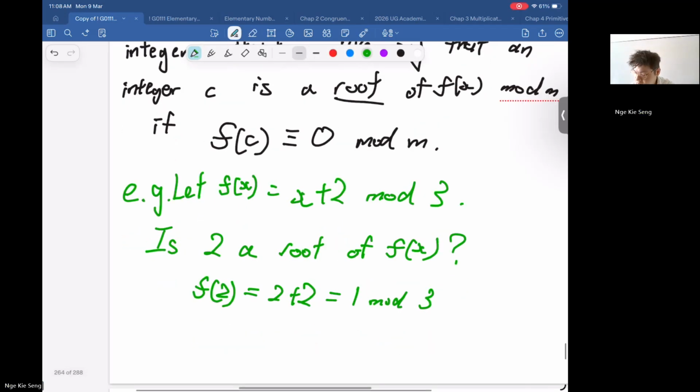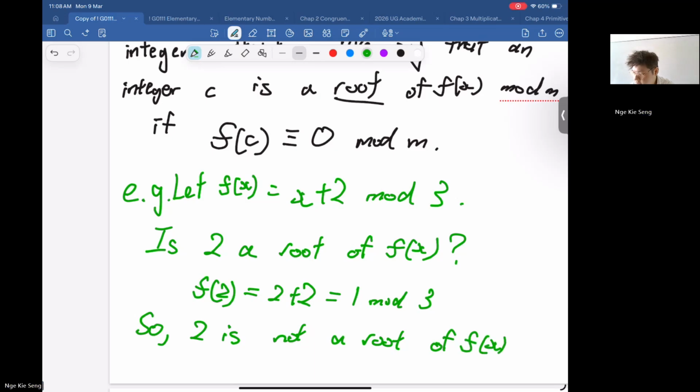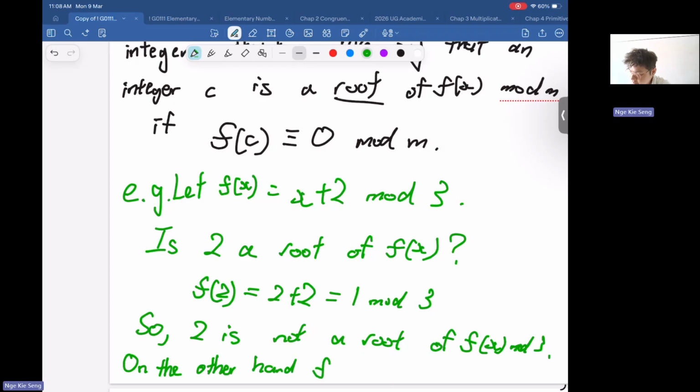So 2 is not a root of f(x). Can you find a root? What is the root? 1. Okay, you can check. On the other hand, f(1) is 1 + 2, which is 3, and 3 is 0 mod 3.